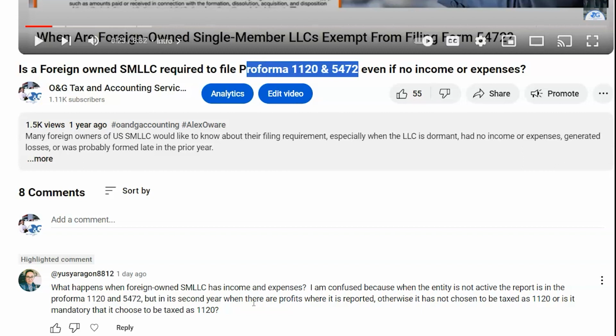However, for the specific purpose of filing this Proforma 1120 and 5472, the code automatically recognizes your LLC as a corporation, but only for this purpose and not for any other purposes. It is not for filing a full-blown corporate return to pay corporate taxes. That is not what this is all about. This is about information returns to report reportable and related party transactions, and that's all it is.